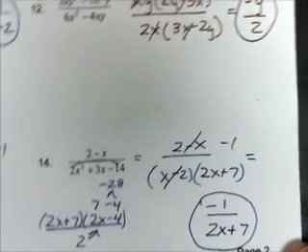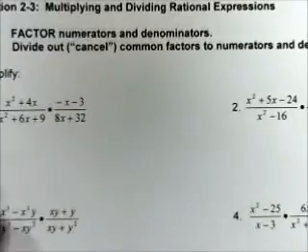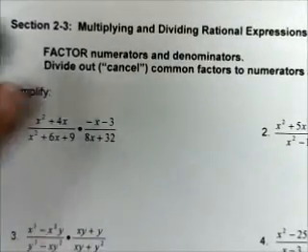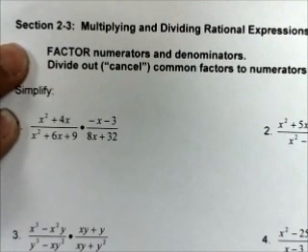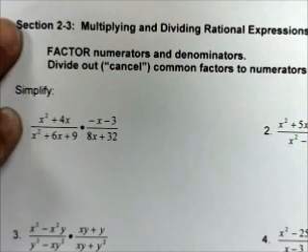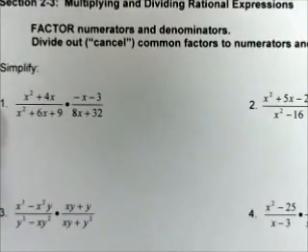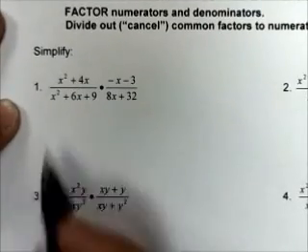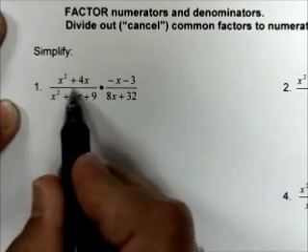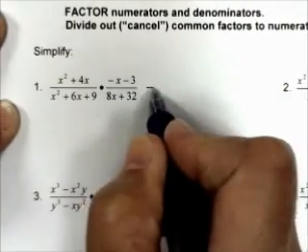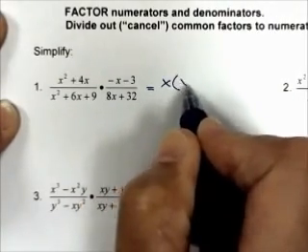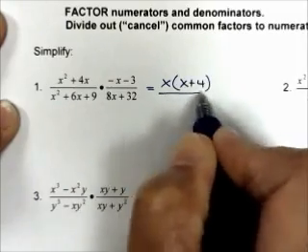So now, page 3, we look at the operations of multiplying and dividing. Again, we're going to factor numerators and denominators and divide out common factors to numerators and denominators. So we factor first. So number 1, x squared plus 4x, GCF of x, x plus 4.